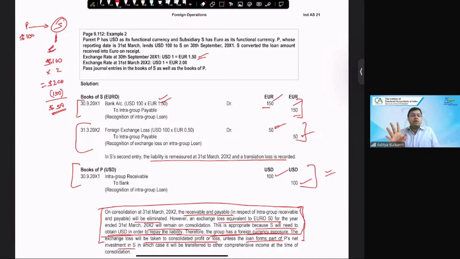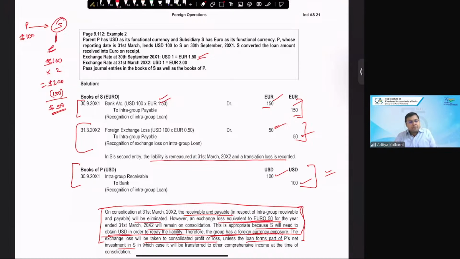Answer is yes. So, who is exposed to it? The subsidiary is exposed, but ultimately the authorized dealer is a third party to the group. Therefore, the group does have a foreign currency exposure of 50 euros, sorry, an exchange loss equivalent to 50 euros.